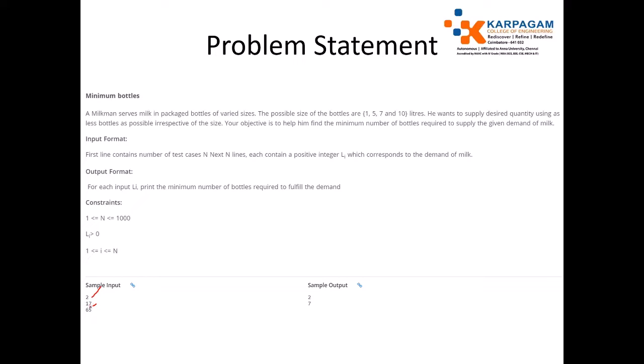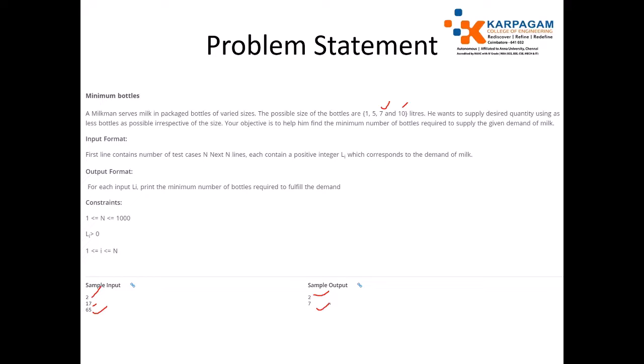For filling up the demand of 17 liters of milk, we need 2 bottles, that is a 10 liter and a 7 liter bottle, 2 bottles needed. For filling up the demand of milk 65, we need six 10 liter bottles and one 5 liter bottle, totally 7.